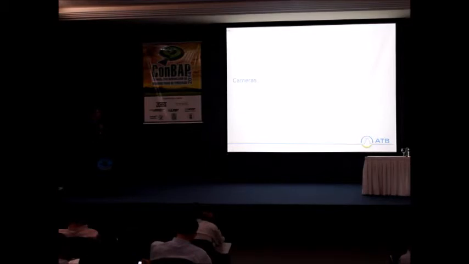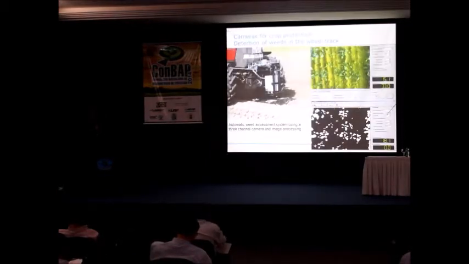Another type of sensor not often used in practice are cameras. So we are using in our institute a camera to detect weeds in the drum line. You need an NDVI camera to separate the crop, the plant, from the background, and then after thresholding, you can calculate the leaf area.